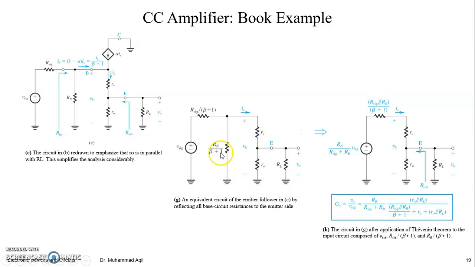And to find V in here, you have to find R in here, and R in will be RB divided by beta plus 1 parallel with series combination of, actually what we did, parallel combination of these in series with this. The whole network is parallel with this, right? And this is Rn. We did it, right? I am just repeating to let you know or let you remember.